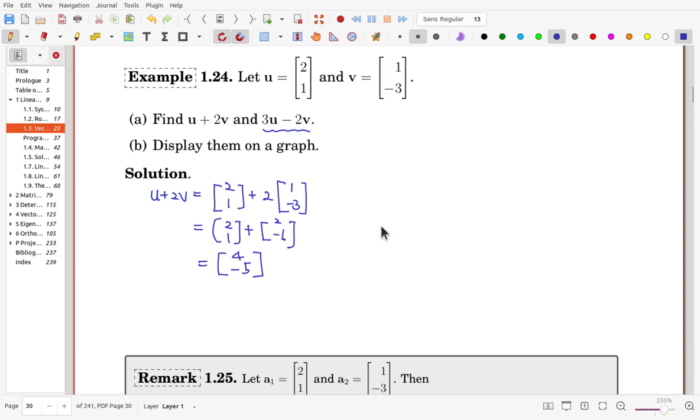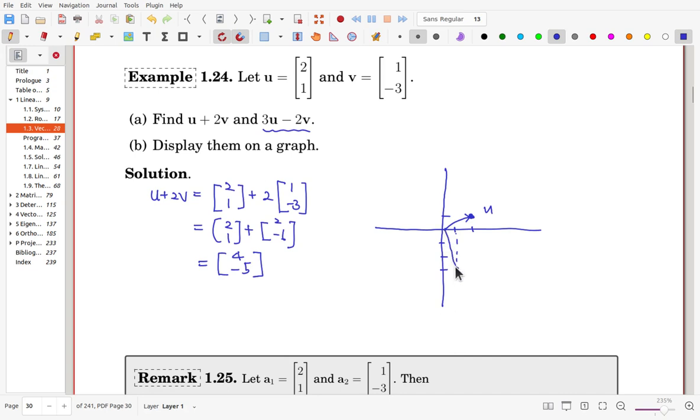Here u is 2 and 1, the second component is 1, so that we have that one, that is u, from here to there. V has x as 1, y as minus 3, so we have that one.